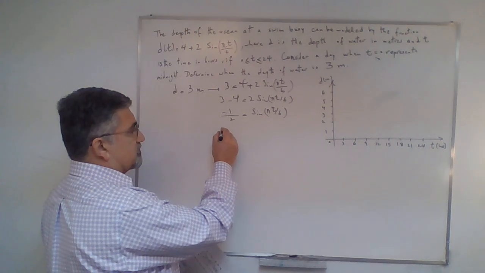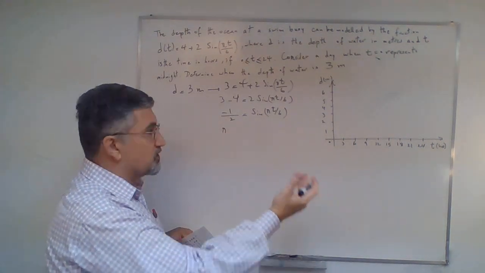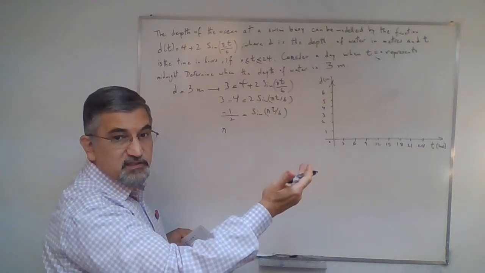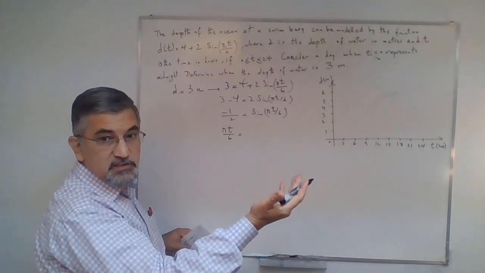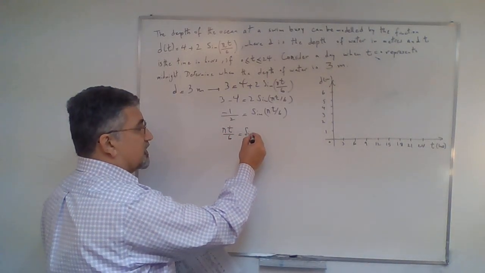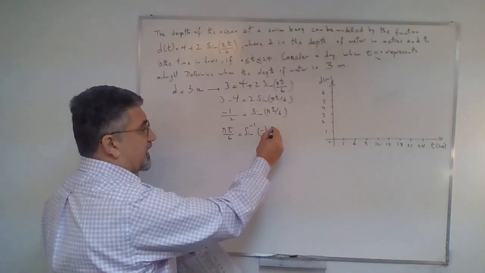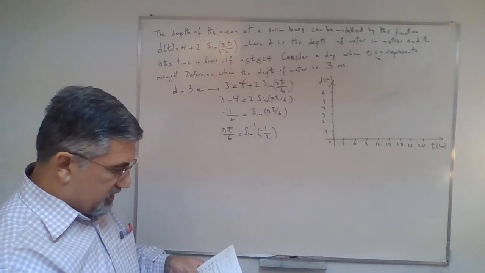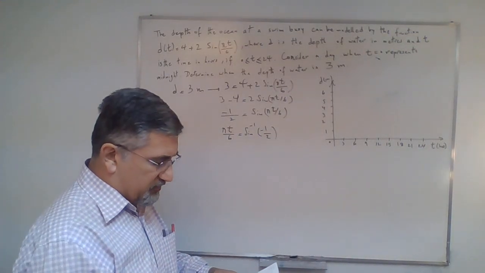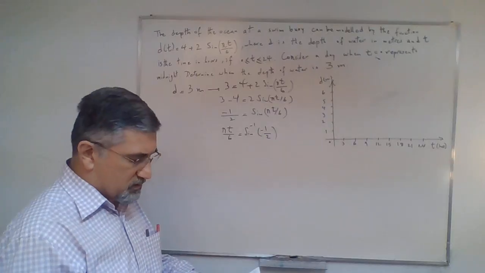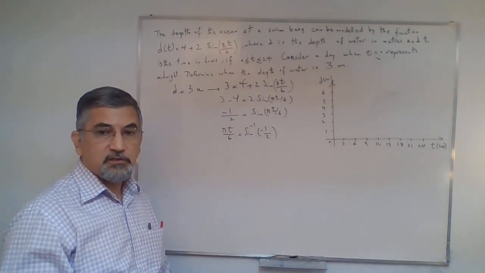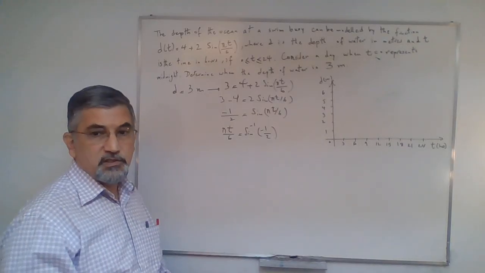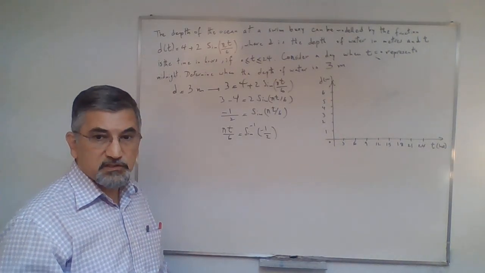So we know that the angle, whatever it may be, it could be simply sine of theta or sine of x, or in this case, sine of pi t over 6, whatever it is, that's equal to inverse sine of negative 1/2. Okay, and inverse sine of negative 1/2 is, if you use a calculator, you will get the answer as negative pi over 6.